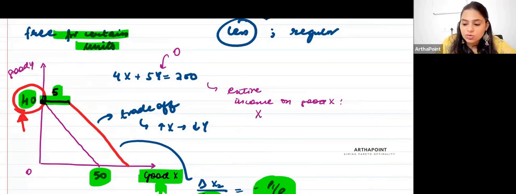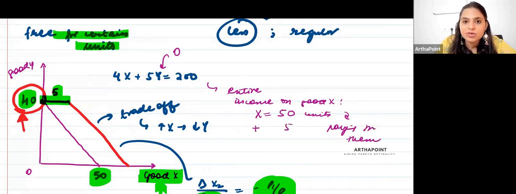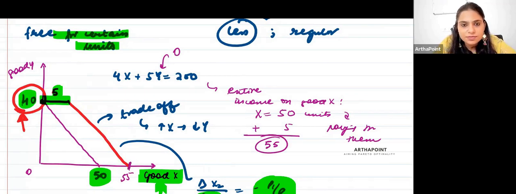When Y was 0, I was consuming 50 units by paying for them. But now I get 5 free units. So in total, I will have 55 units. So this intercept will be 55. That is the first thing, where you get some free units.